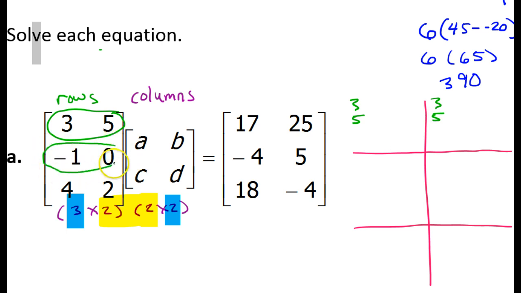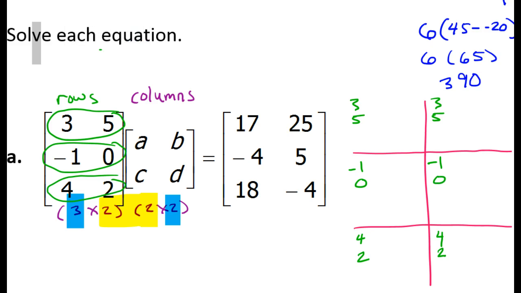Row 2 will go across row 2. So I will have -1, 0, -1, 0. Row 3 will go across row 3. So I will have 4, 2, 4, 2. Yes, even though these are rows, I write them vertically to help with my calculations.